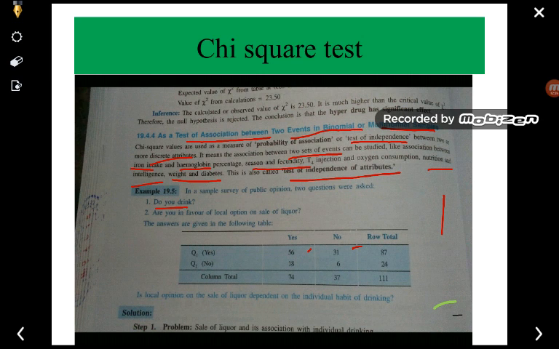Next, the second question was asked. The next attribute is sales, something related to sales. Are you in favor of a local option on the sale of liquor?